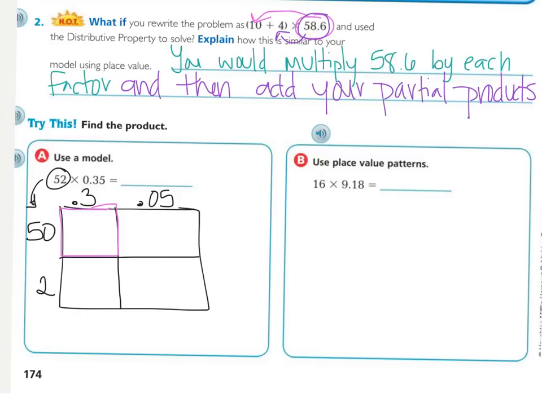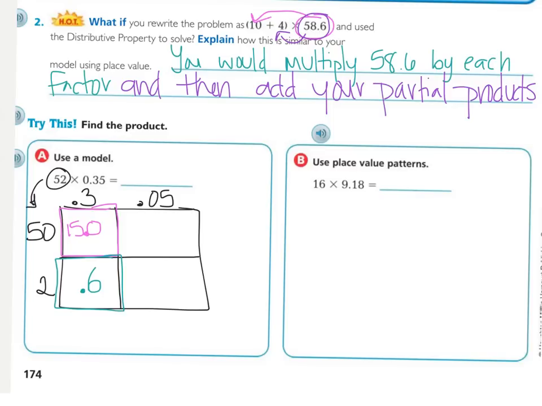So I'm ignoring the decimal. I have 3 times 50, or 3 times 5 is 15 plus the 0, or adding the 0 to the end. But I need one decimal place in my answer, so that one is 15. The next square, I like to work down. Ignoring the decimal or moving it out, 3 times 2 is 6. But I need one decimal in my answer, so I'm bringing it back, 6/10.